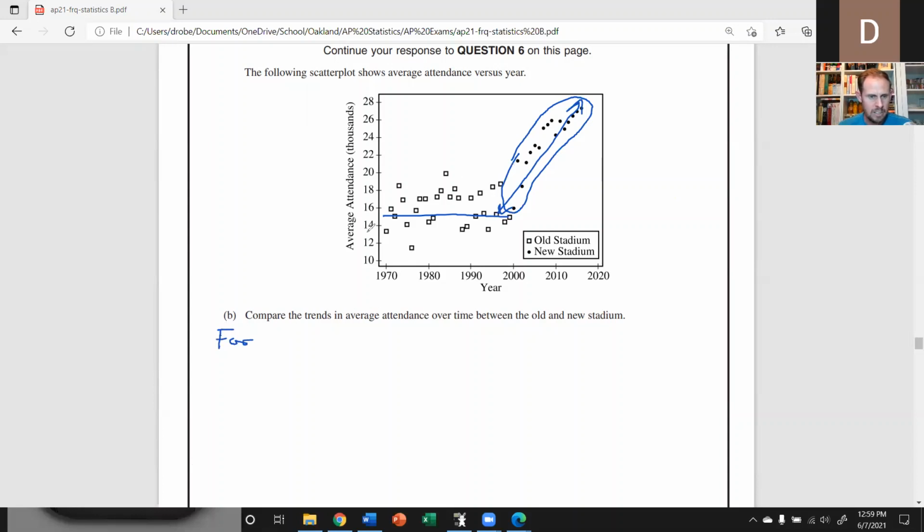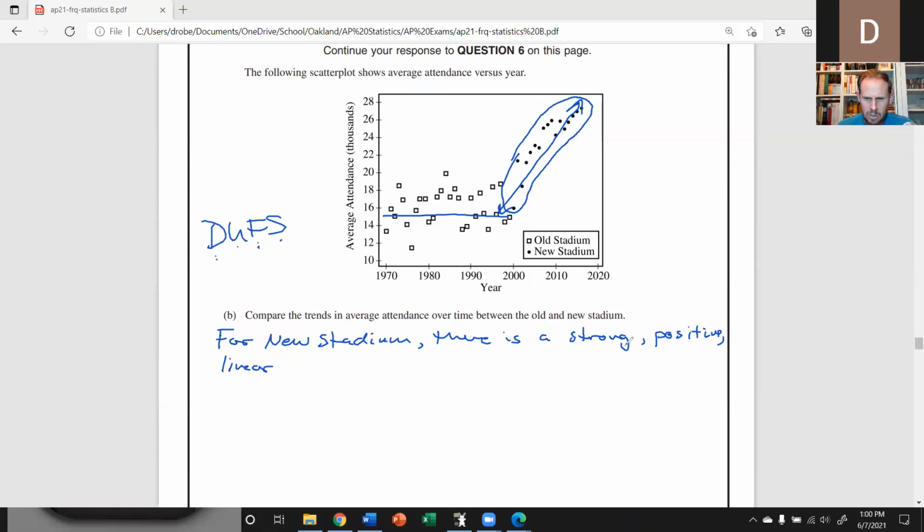And this is trends in scatter plots. So remember, we're going to do DUFS: direction, unusual, form, and strength. So for the new stadium, there is a strong, positive, linear, so there's my direction, positive, form, linear, strength, strong.